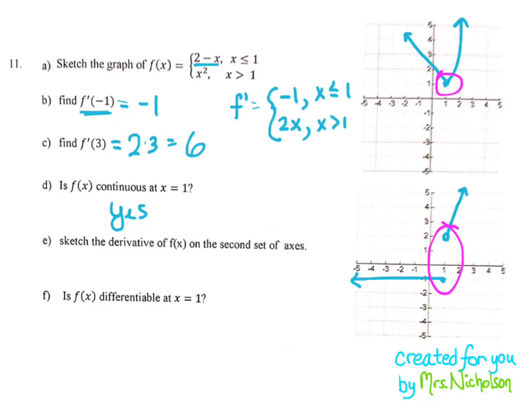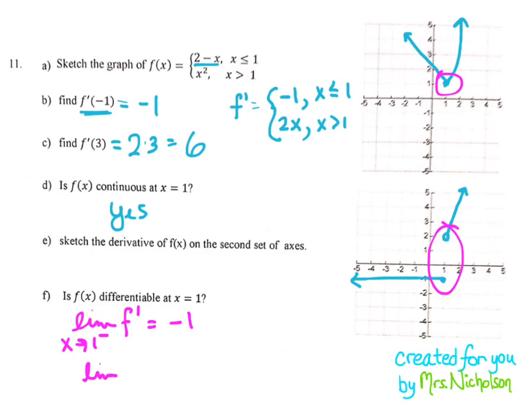The other way that I can determine algebraically is to substitute 1 into both pieces of the derivative. If I find the limit of the derivative as x approaches 1 from the left, that means approaching from less than 1. And we saw that that derivative is always equal to -1, regardless of what x value you're plugging in.